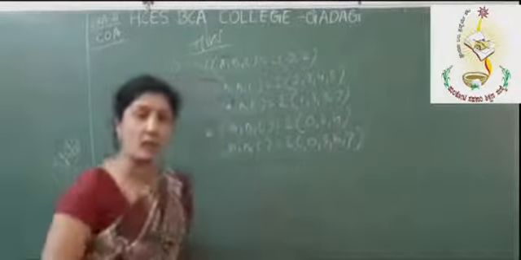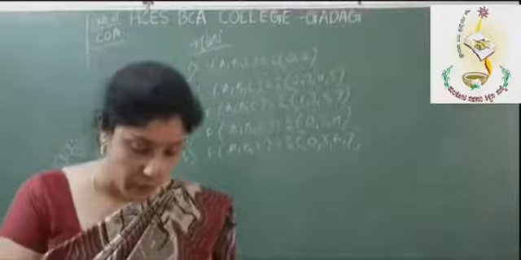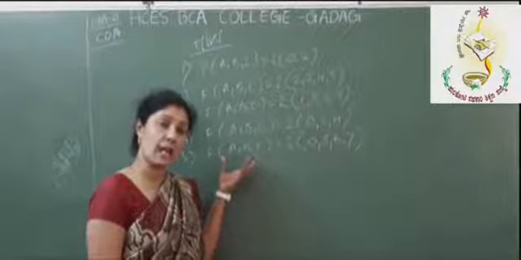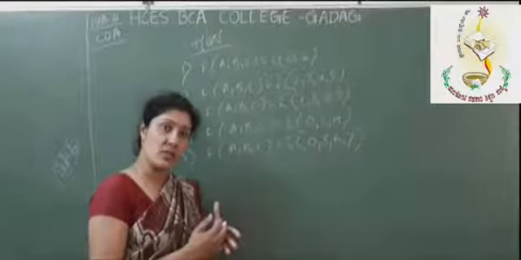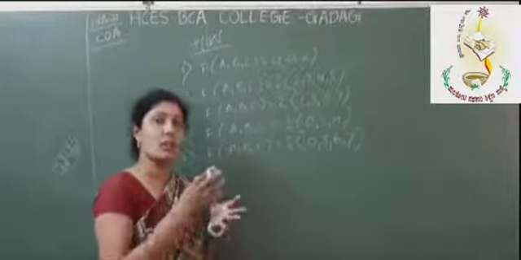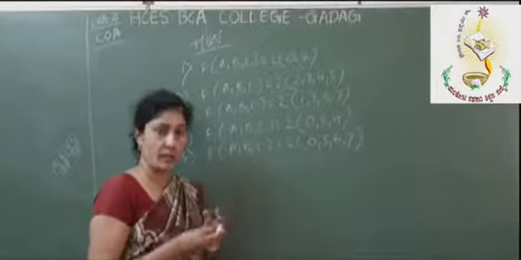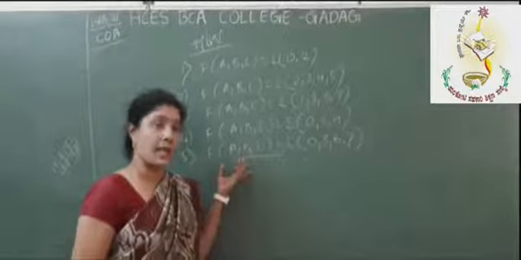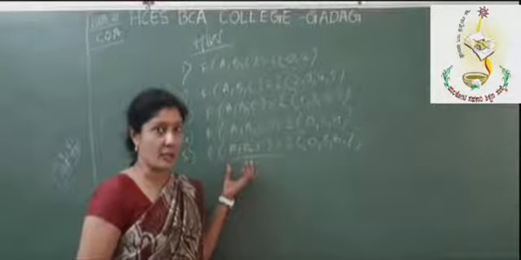Okay, so these 5 are the homework problems for you. Whichever problems I have solved in the class, you practice them so that you will understand what the rules are, how to group the values, so that you can solve these 5 problems. And let me know your answers also.